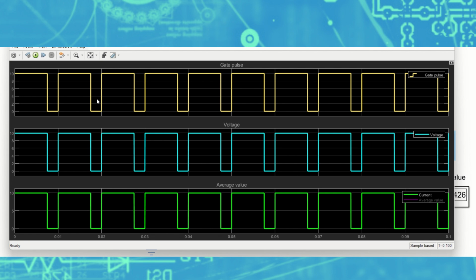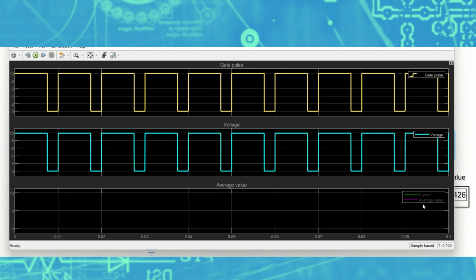Again on for 75%, off for 25%. Similarly you see the output voltage. Similar is the fashion of current, because current is in phase with the voltage as it is a resistor, right? You see current following the voltage, and the average value is coming around 7.5 volts.